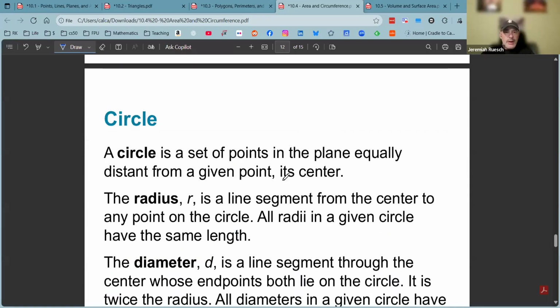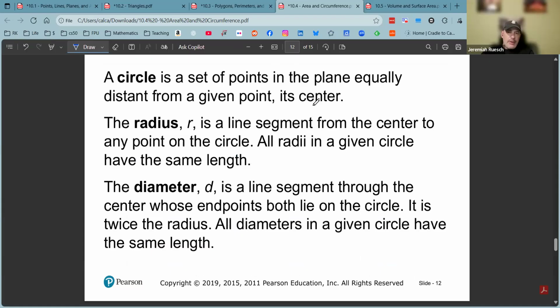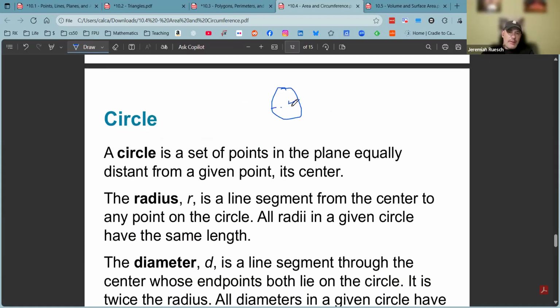All right, a circle, by definition, oh, that's an amazing circle. A circle has a radius, which is the fixed distance from a common locus of points, and its diameter is the distance all the way across, from one edge to the other.